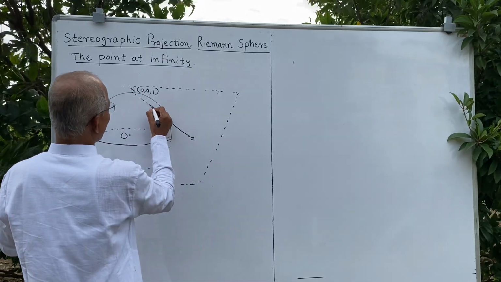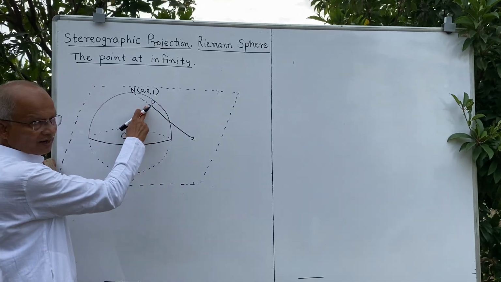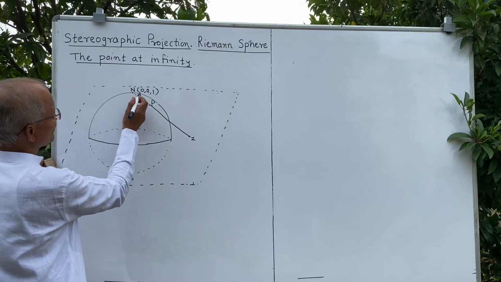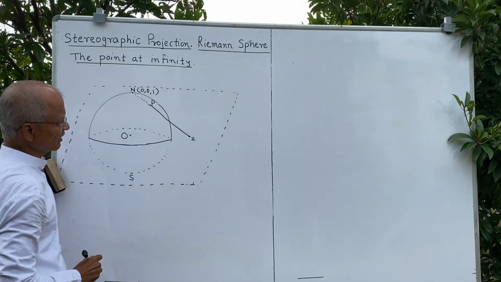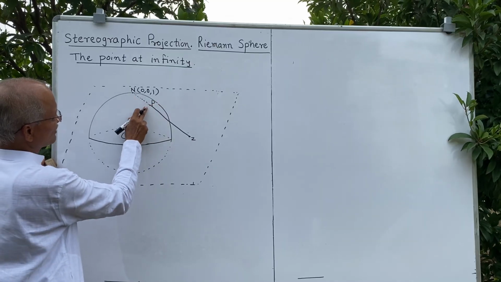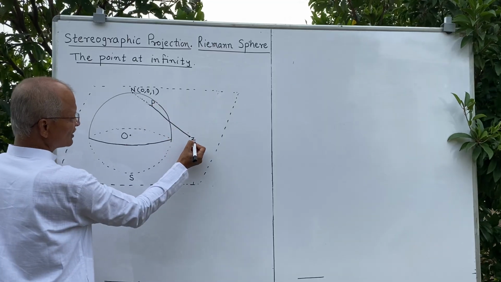Like this, and let this point be P. It cuts the sphere on the surface of the sphere at point P, and then it further meets the north pole N. So, we have to imagine this, and this is the hidden part of the line shown by a dotted line, and this is z.